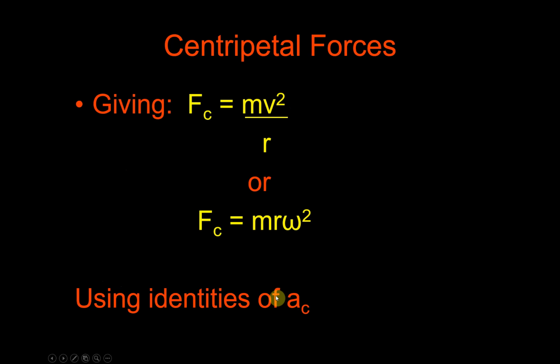So in F equals m ac, we can say here that F is equal to mv squared over r or m r omega squared in the case of our centripetal force. So centripetal force here does not have its own relationship. It's just F equals ma, where a is v squared over r.